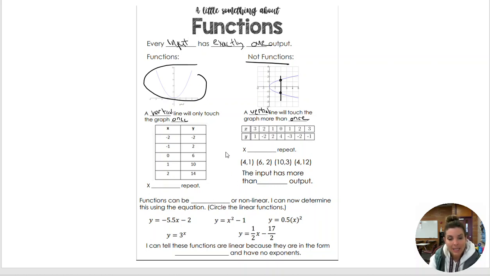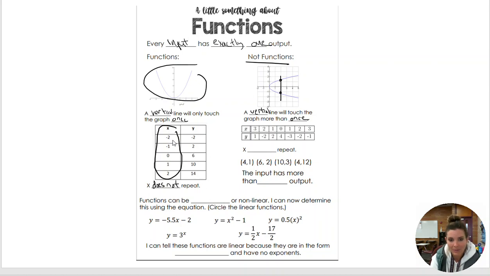When we're looking at a table of values, if we're trying to decide if something's a function or not, we look at all of the x values, and if it's a function, none of those x values will be the same. The x does not repeat. So the only thing you need to look at if you're trying to decide if the relation is a function is the x value.